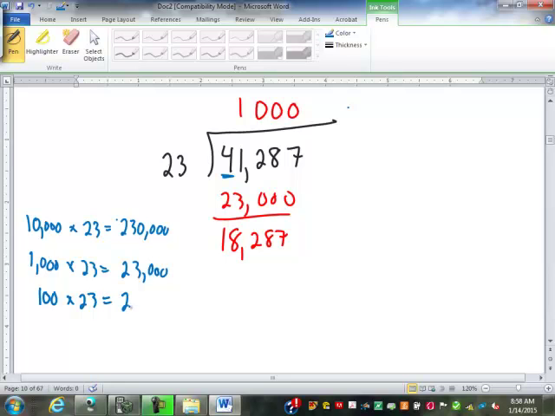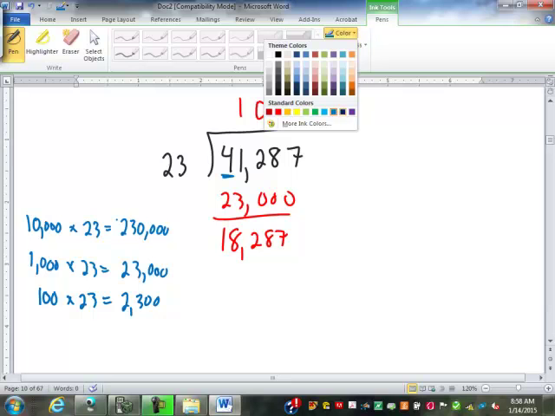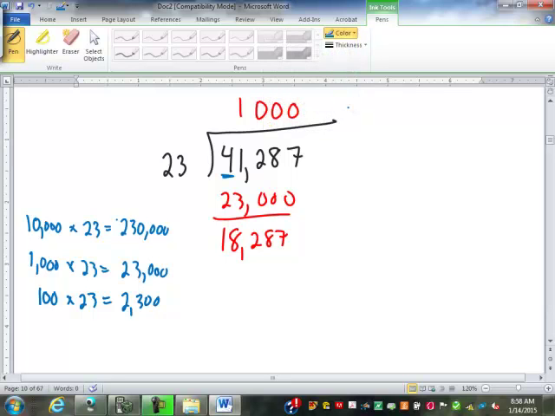100 times 23 is 2,300. Can I subtract that from what's left? Yes, I can. In fact, it looks like I can do it a few times. 8 won't quite work. Let's go for 7. 7 times 23 is 161, so that's 16,100.